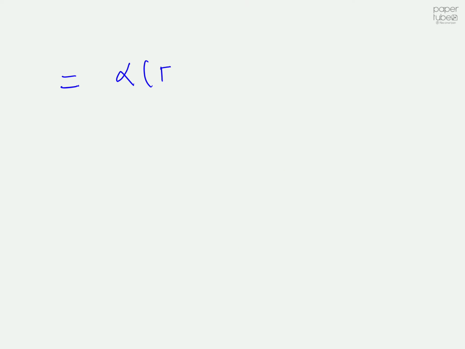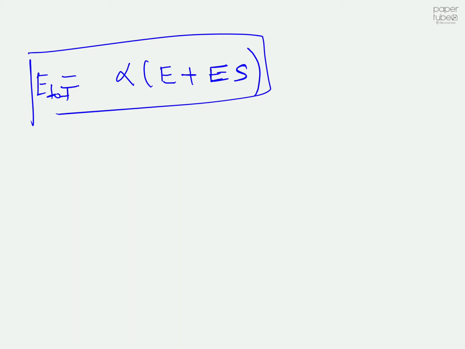Alpha will be equal to E plus ES. So what is this? This is nothing but E total. So E total is equal to alpha multiplied by E plus the enzyme substrate complex. Let's call this equation 3. Okay, so far good.